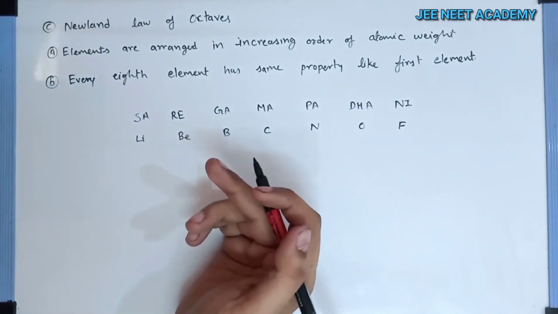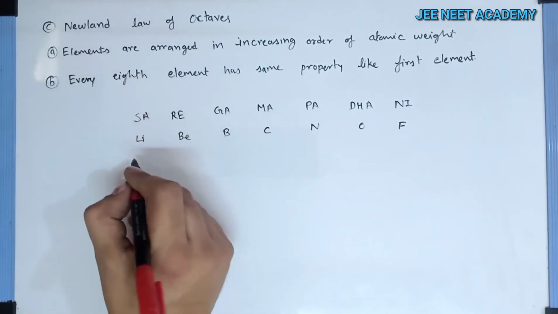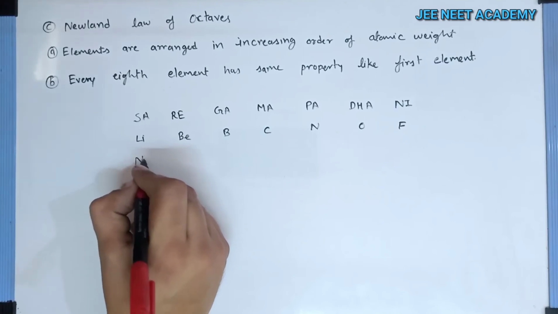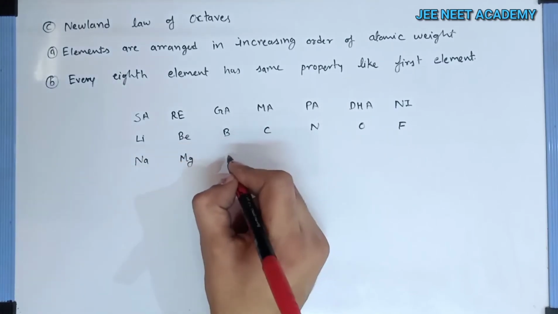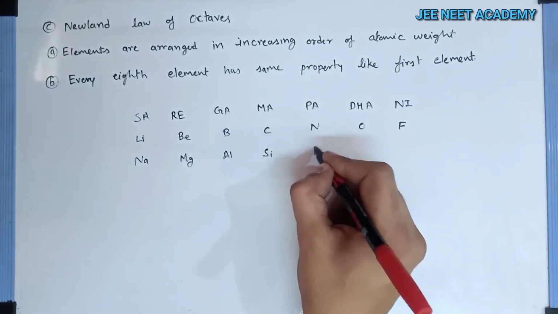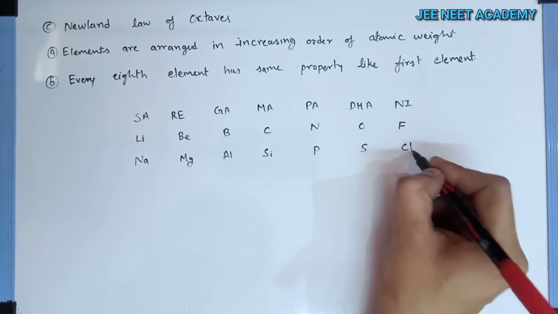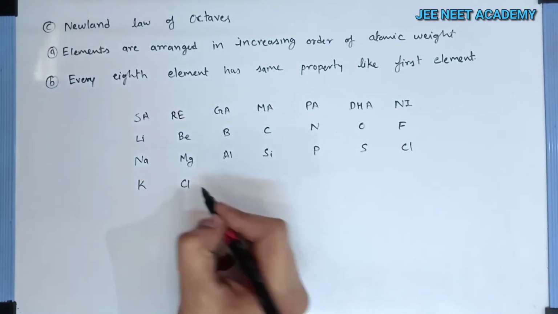Inert gases were not discovered at that time, so neon was not known. Then sodium will come, magnesium, aluminium, silicon, phosphorus, sulfur, chlorine, potassium, and calcium.